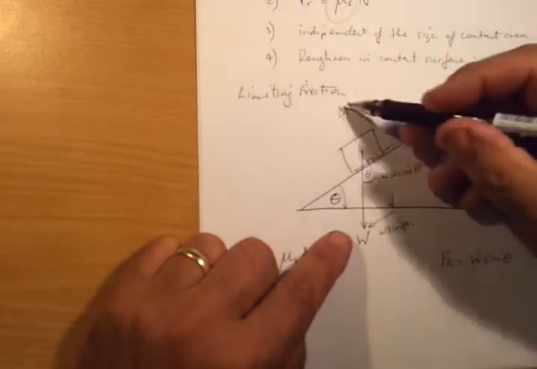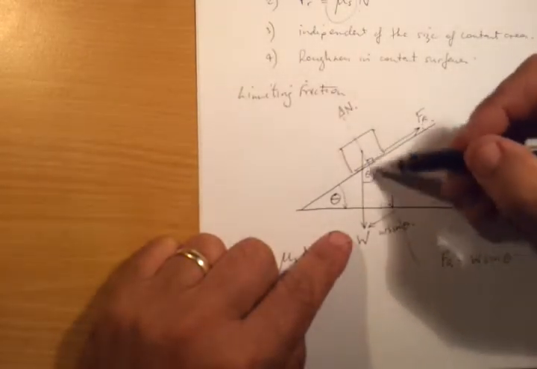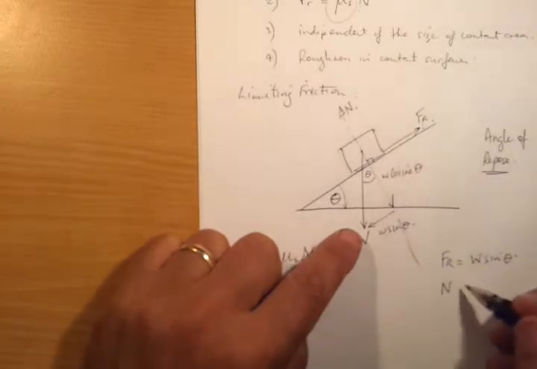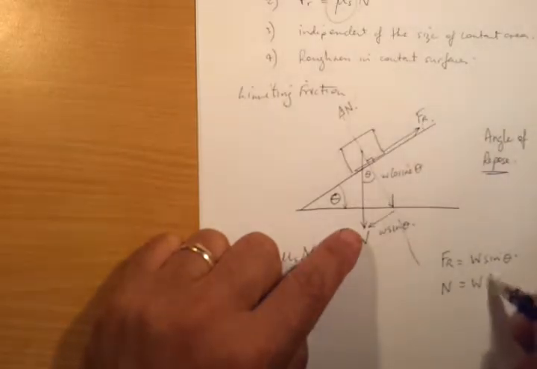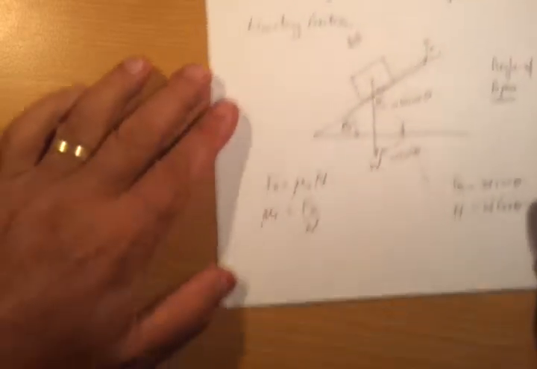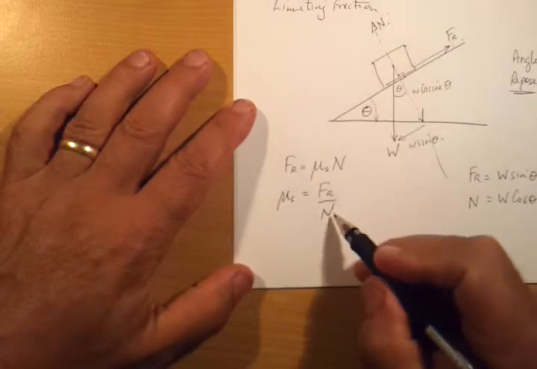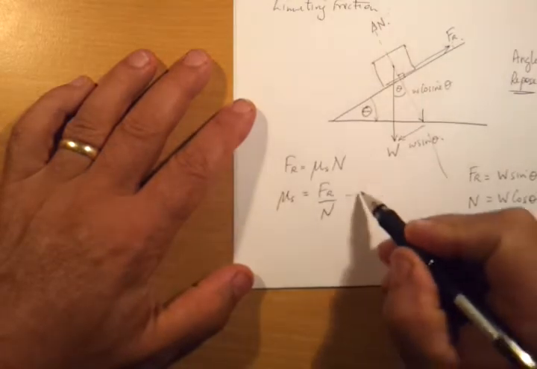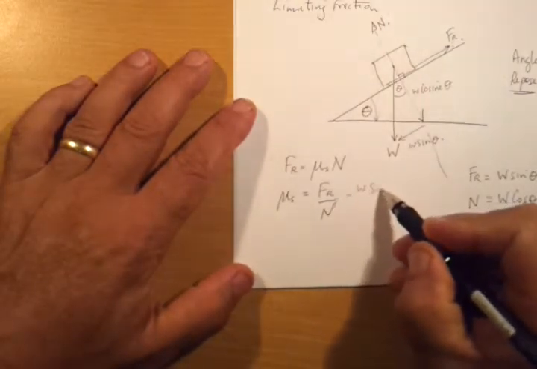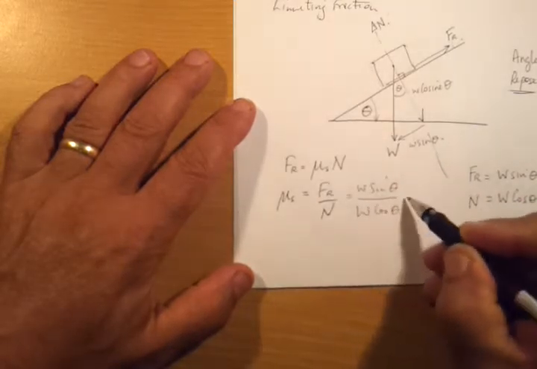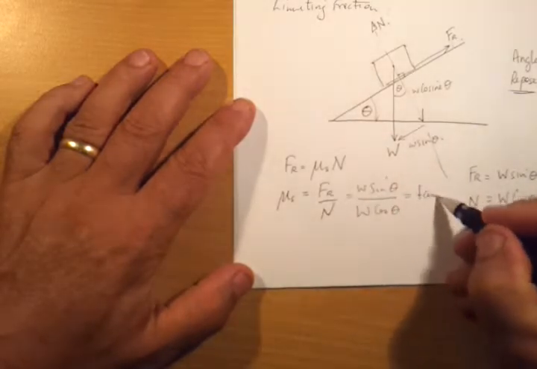At the same time, the normal force here will be equal and opposite to the normal component of W, which will be W cos theta. That means that putting the two together, we can have mu s equals Fr on N, which equals W sine theta divided by W cos theta, which equals tan theta.